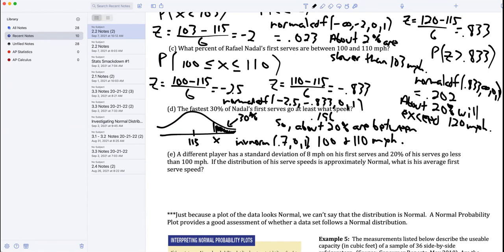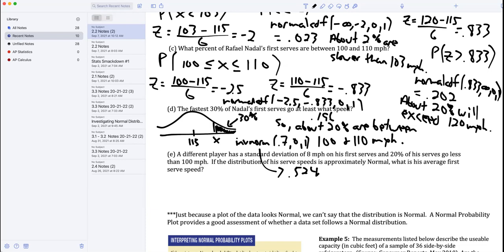Like if we had the bottom 20%, would it be the 80% to the right? No. It's always to the left. If they said the bottom 20%, then you would do inverse norm of 0.2. Okay, so this value was 0.524, and this is a z-score. Inverse norm is where we work backward from a percentage to get a z-score.